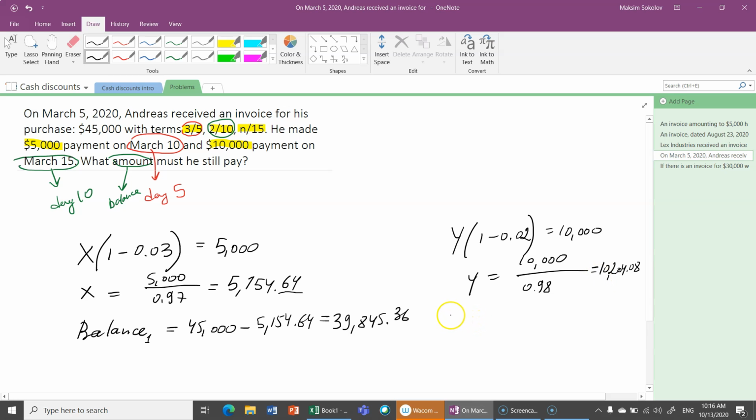And the balance 2 is the previous balance, which is 39,845.36, minus that new credit received. So balance 2 is going to be 29,641.28.